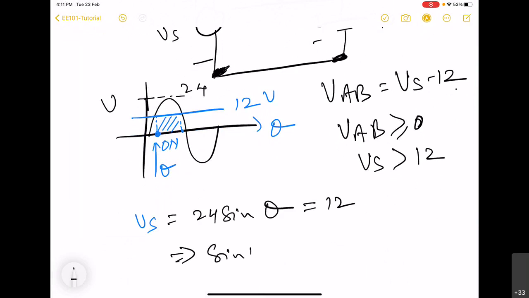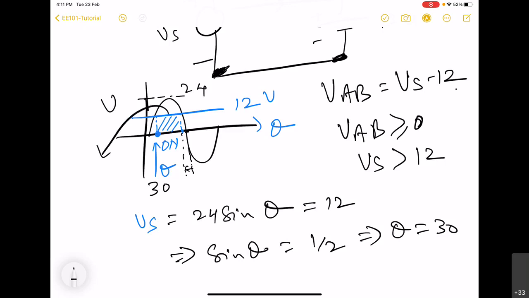That means sine theta should be equal to 1 by 2. So this implies theta should be 30 degree. So this is 30 degree, right? And then this portion starting from here in this direction will also be 30 degree.